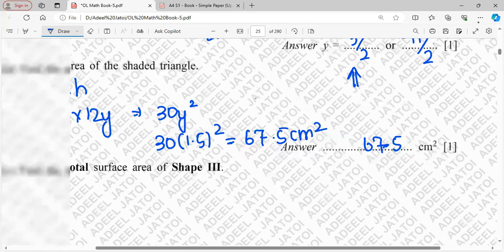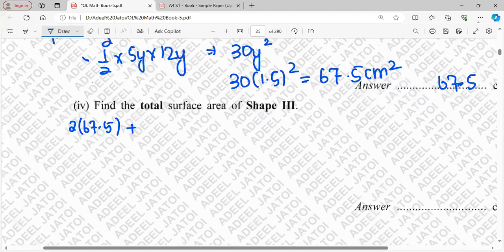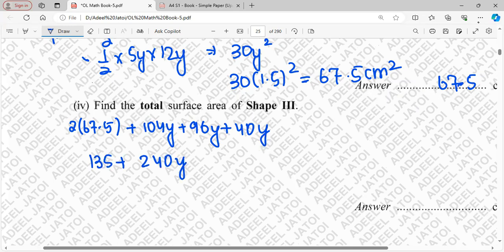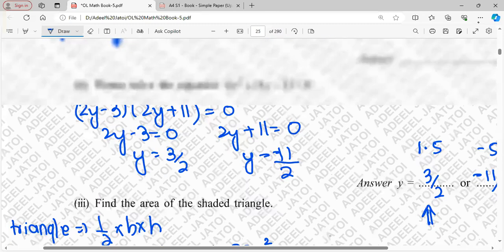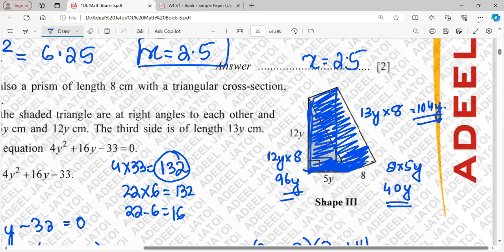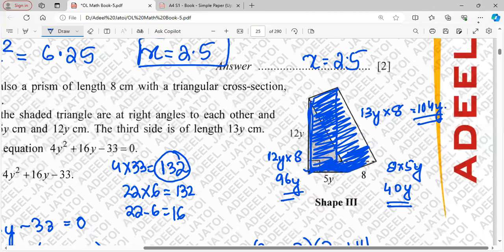So we write down here 104y, 96y, and 40y. So in total, what we have here is 135 plus 240y. And the value of y was 1.5.